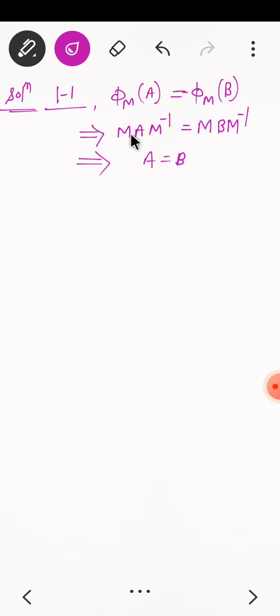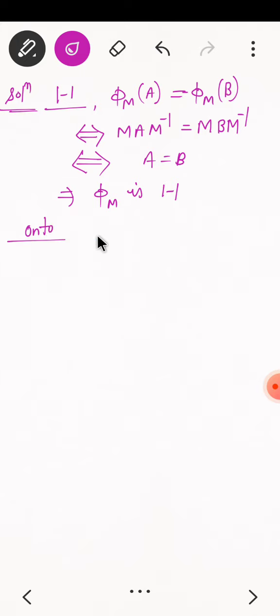After that, multiplying by M on the other side, M is also cancelled out, and we get A equal to B. If A equals B, then phi M of A equals phi M of B. So phi M is 1-1.